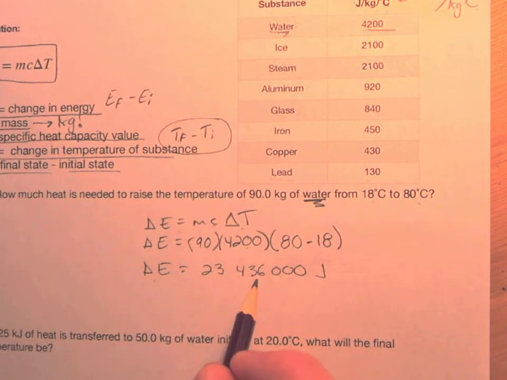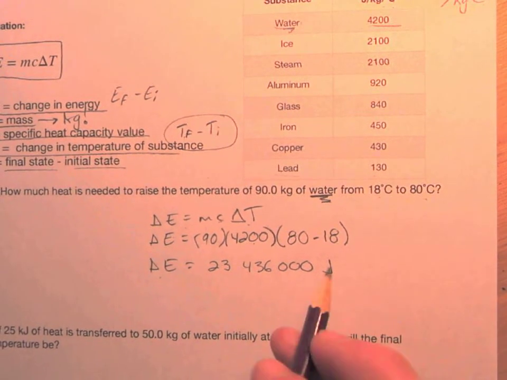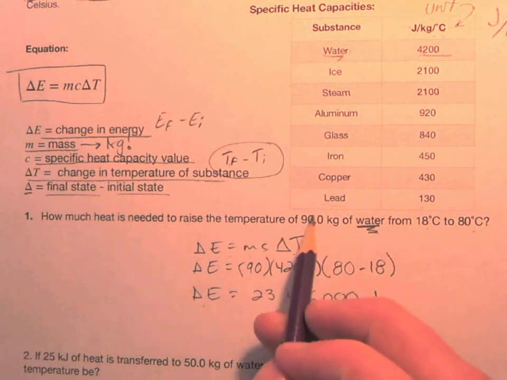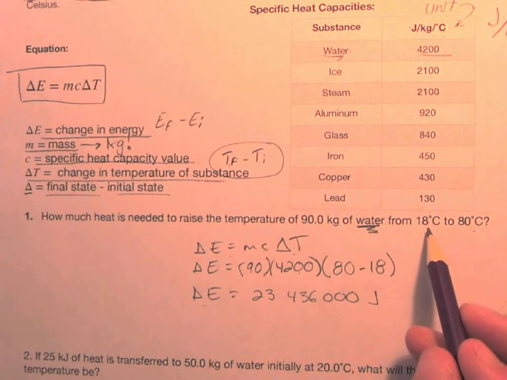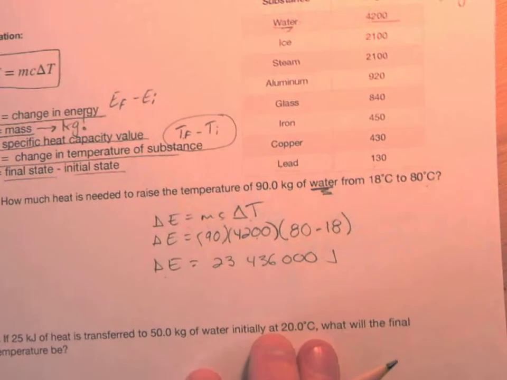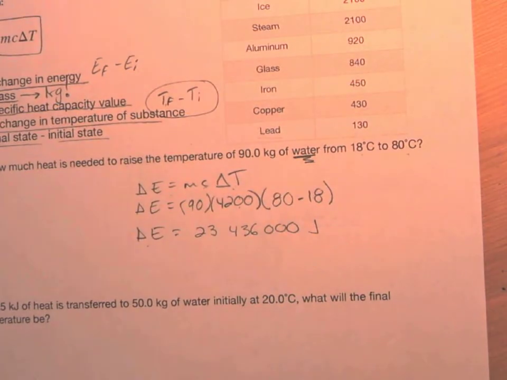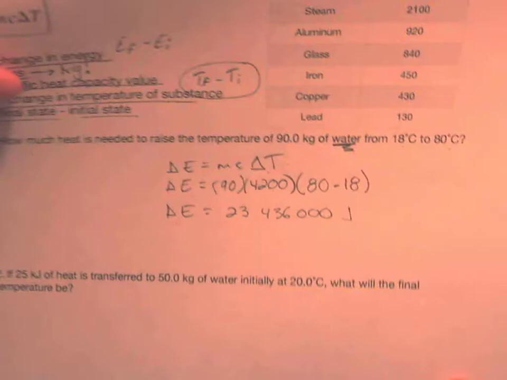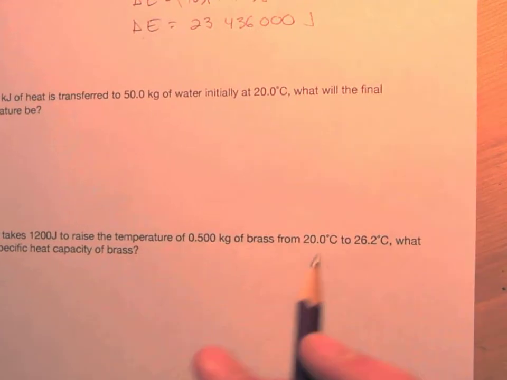So it'll take 23 million joules to heat up 90 kilograms of water, which is 90 liters of water, by 62 degrees. It's a lot of energy. Okay, so you can assume your water heater needs a lot of energy to heat up, and that is true.